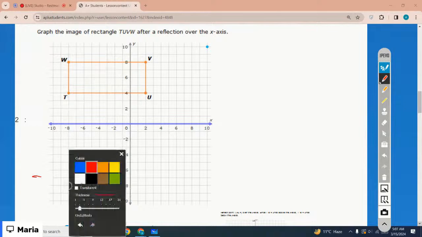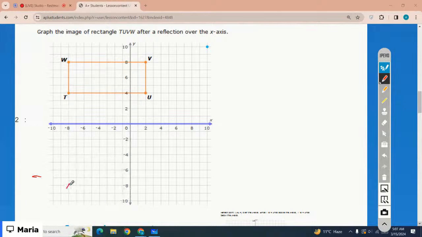Here is W. V is 8 point up, move V 8 point down. U is 4 point up, move U 4 point down. T is 4 point up the x-axis, move it 4 point down.